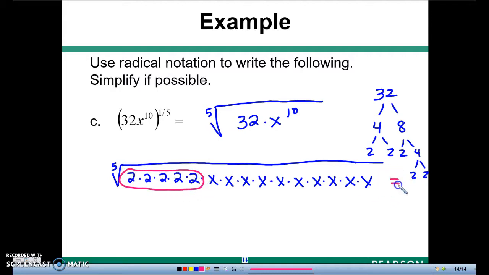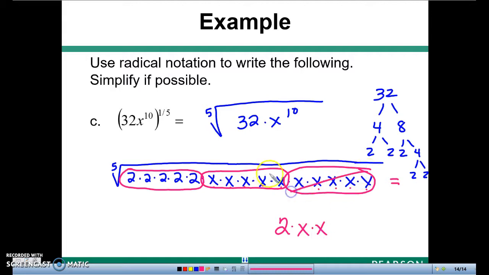It comes out of the radical sign as a single. Let's group those 5 together. That comes out of the radical sign. And the other 5 comes out of the radical sign. There is nothing left under the radical sign anymore, except for 1, and the 5th root of 1 is 1.